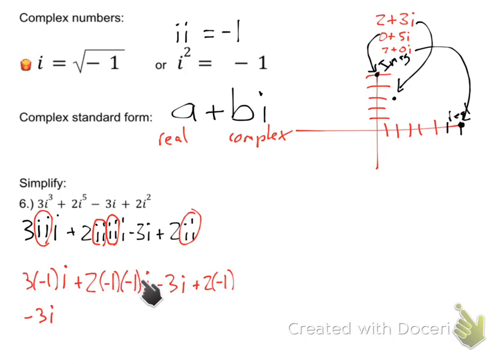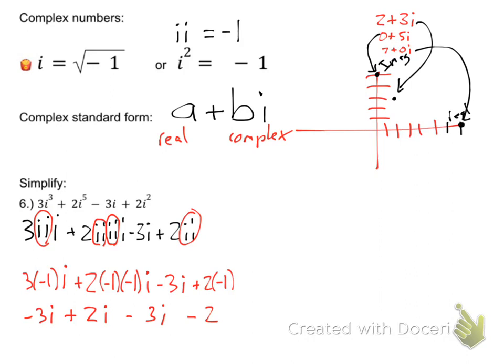Two negatives make a positive, so it's 2 times 1 times i. It's a positive 2i. Minus 3i, because nothing's changing. And what's 2 times negative 1? Minus 2.